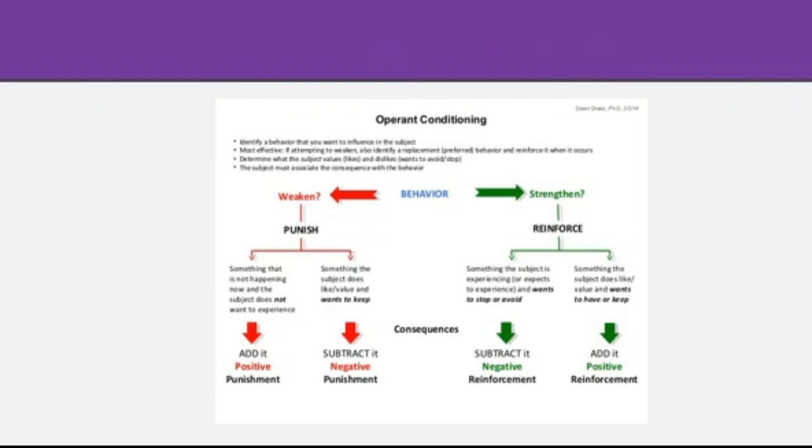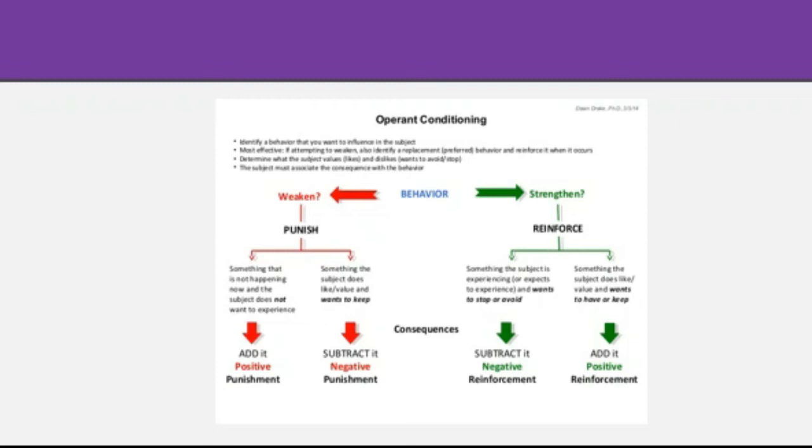Next would be the summarization of operant conditioning. We are giving punishment. There will be two things with this punishment. We are adding something para lumabas yung behavior or desired behavior na gusto natin, or we are giving punishment, negative punishment para lumabas yung behavior natin.